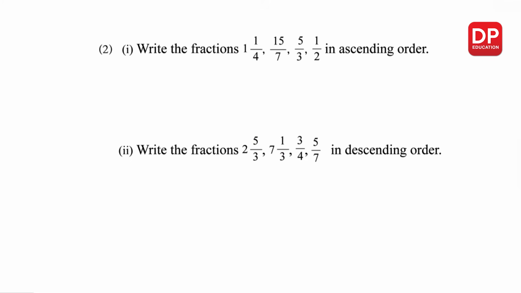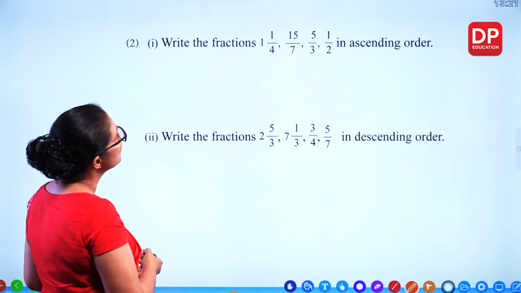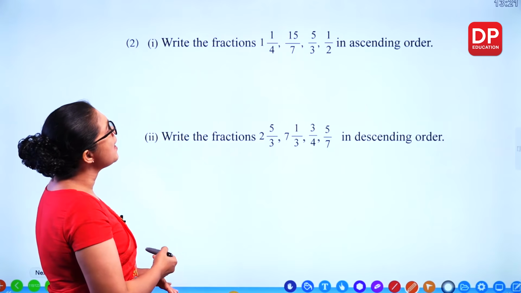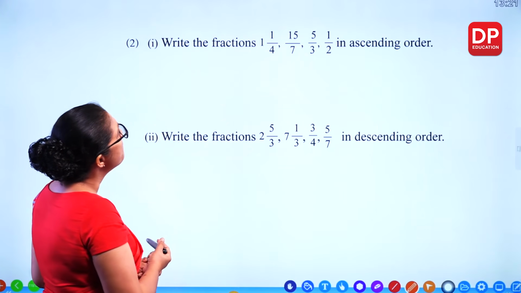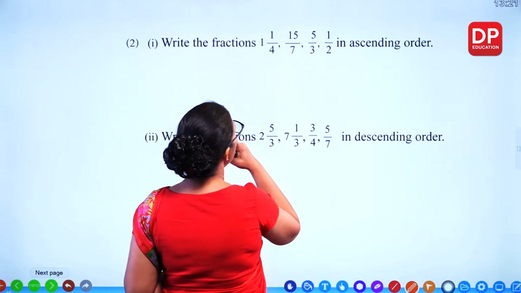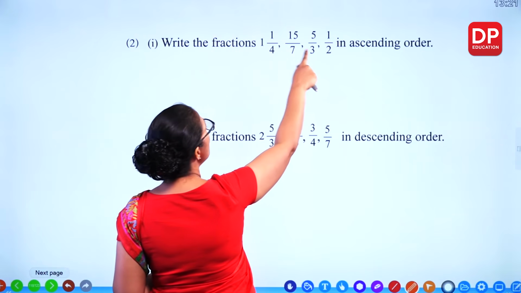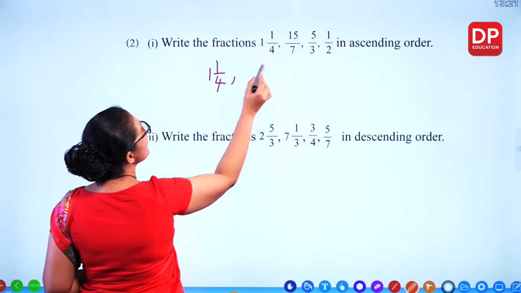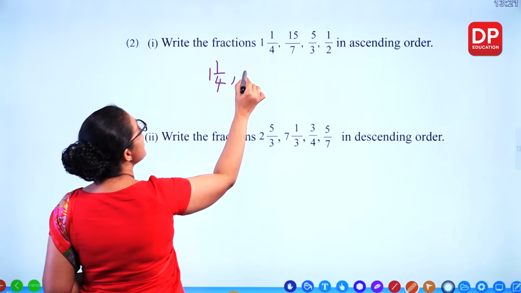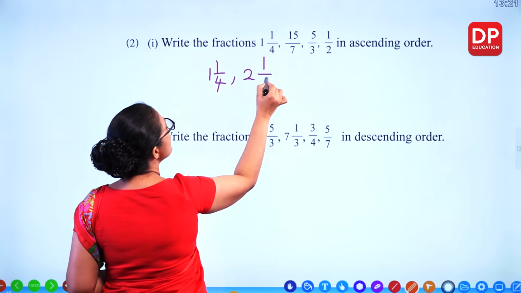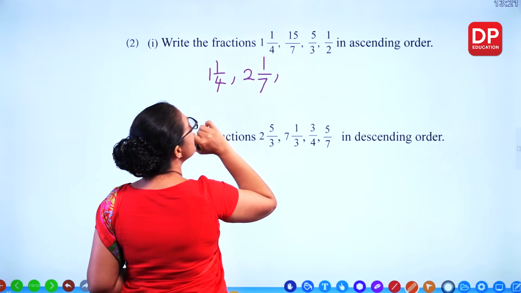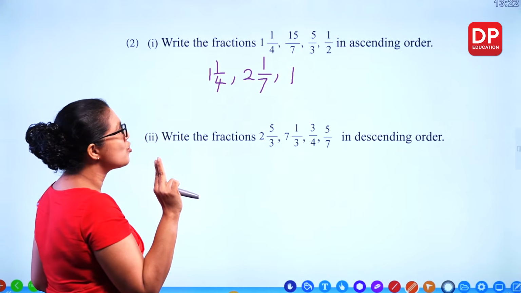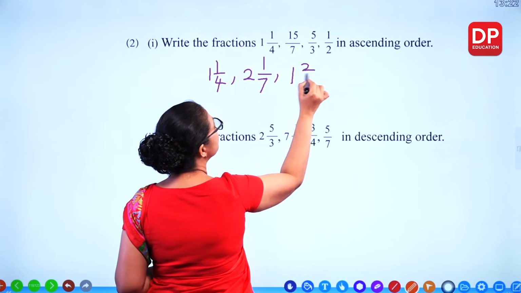Write the fractions in ascending order, smallest to biggest. So we can convert to the same denominator, but we can first convert to a mixed number. 15 over 7, I can write 2 and 1 over 7. 5 over 3, that's 1 and remaining 2, 2/3.